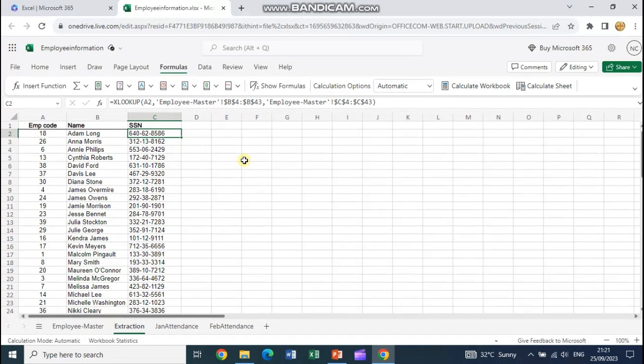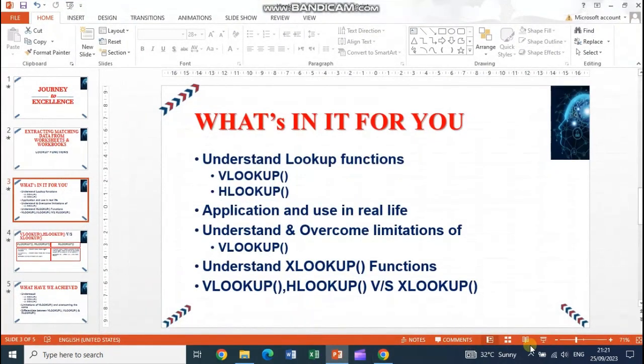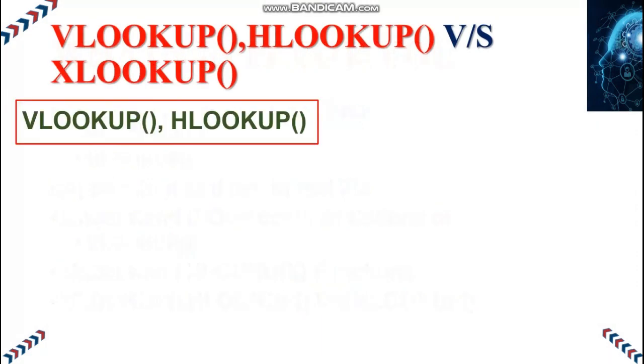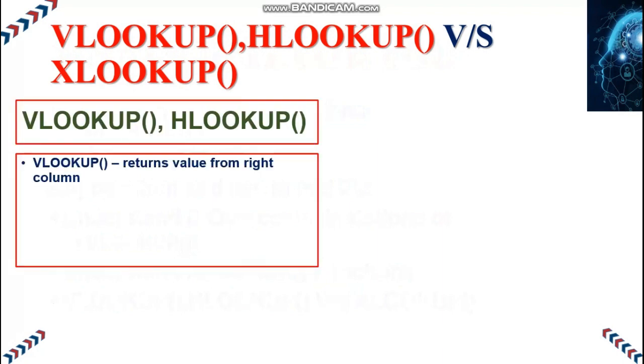So we got this. What we have done in this lesson is look at certain differences between VLOOKUP, HLOOKUP and XLOOKUP. VLOOKUP will return a value only from the right hand side, the columns to the right of the search column.